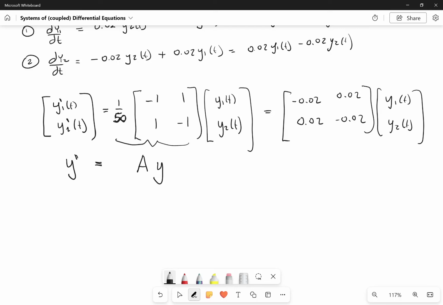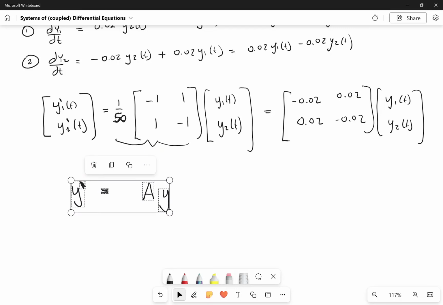So what we have is an equation that looks like this. This is a differential equation right here, in matrix form.